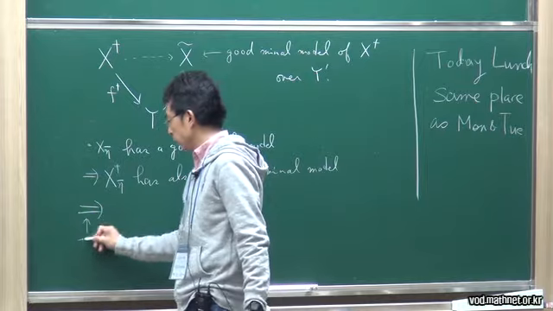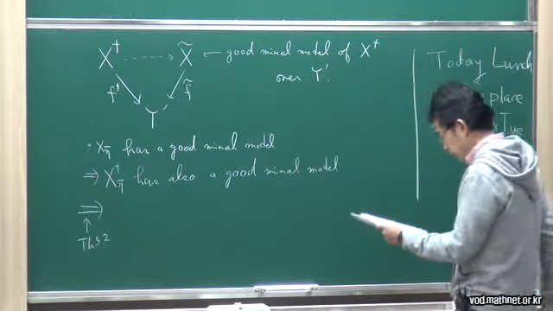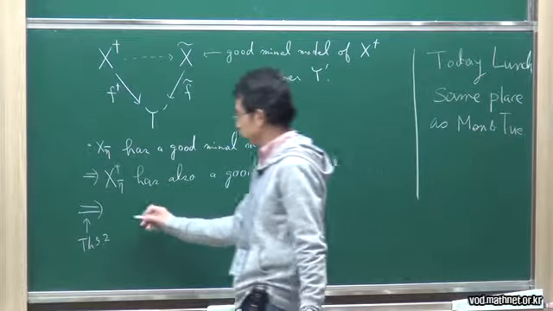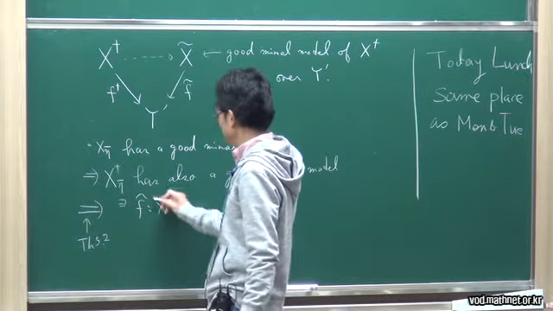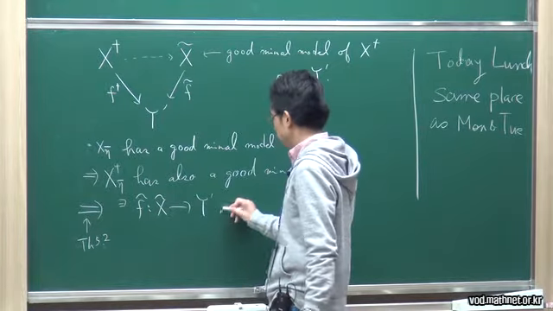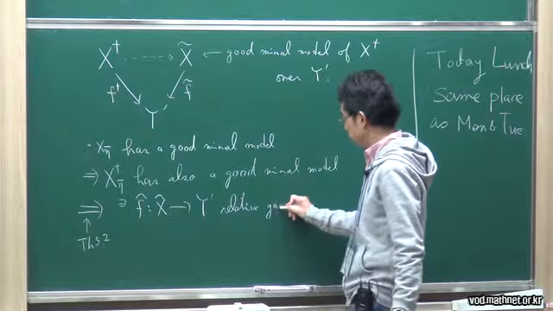Okay, and Theorem 5.2 explained in the last lecture. We have this one, a relative good minimal model.